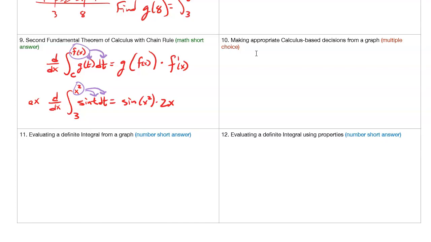So making appropriate calculus-based decisions from a graph, this is going to be a hard one for me to come up with off the top of my head. I'm trying to remember one we did in the notes. I think one we did in our notes was something like this.